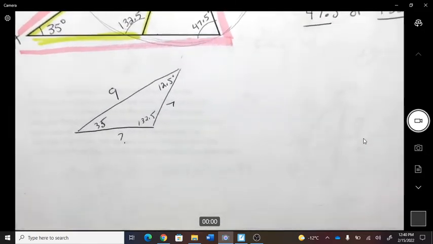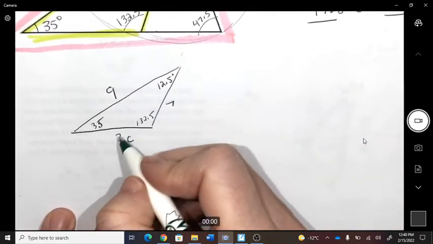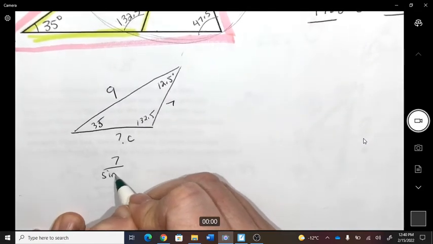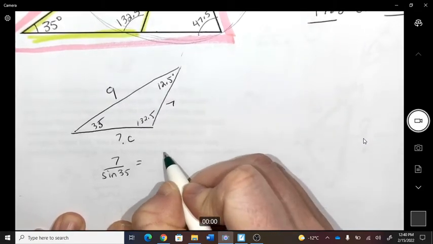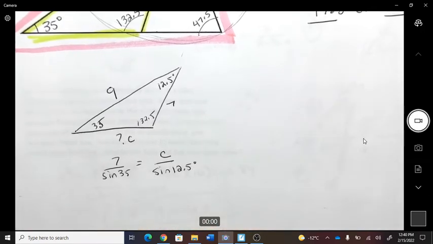Okay, so I'm going to solve for side, and I'm going to call it C. So I'm going to go 7 and 35 are across from each other. Side C is now across from a 12.5 angle. Okay, so this is a bunch of sine law stuff that you know.